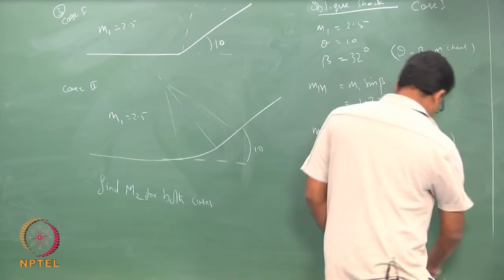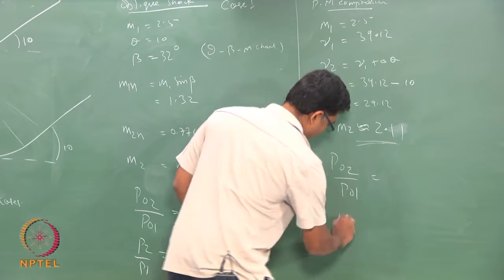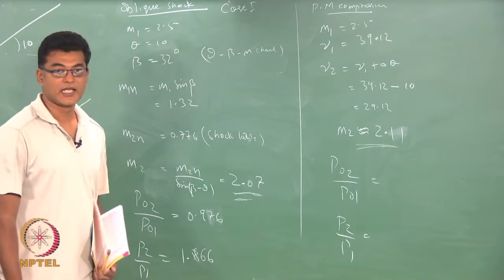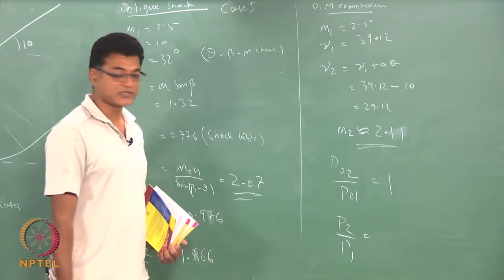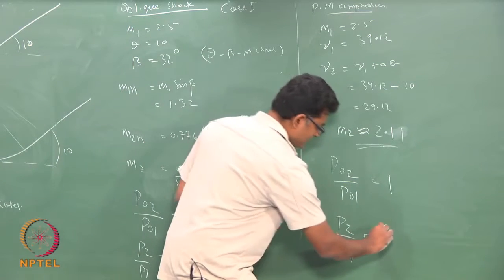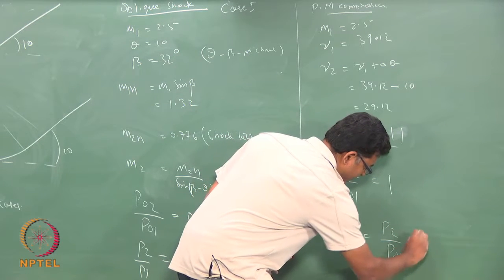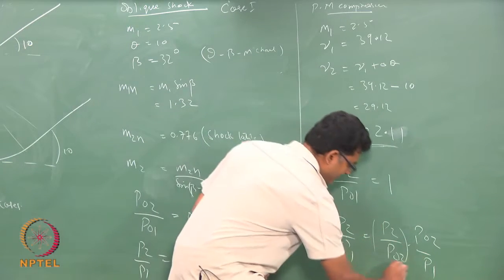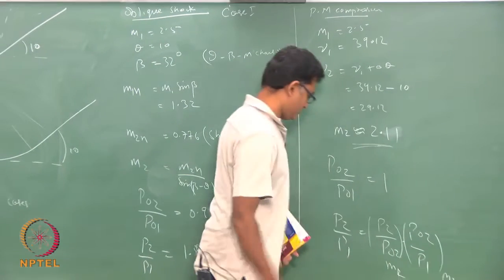Whereas, what would be the P02 by P01 here and P2 by P1? This is going to be 1 because it is an isentropic flow, the stagnation pressure is going to be the same, and P2 by P1 will depend on your Mach number, which is P2 by P02 into P02 by P1. So, this will depend on your Mach number M2.